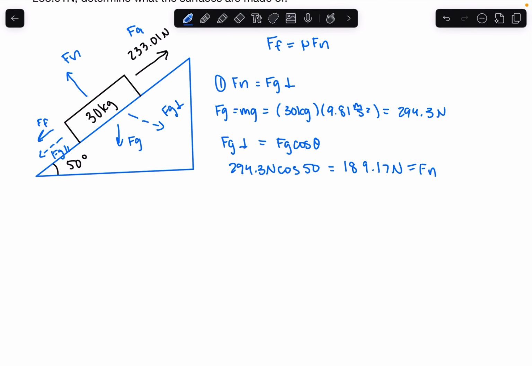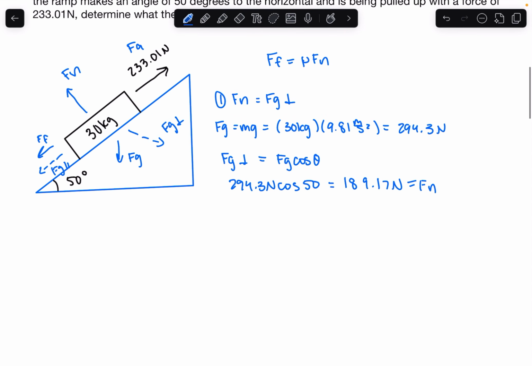Okay, so I went ahead and added some more stuff to the free body diagram, but now our next step is to find FF. The thing here is that it says that the block is moving at constant speed. It's being pulled at constant speed, so we know that F net is equal to 0. But in this case, that does not mean that FF equals FA.